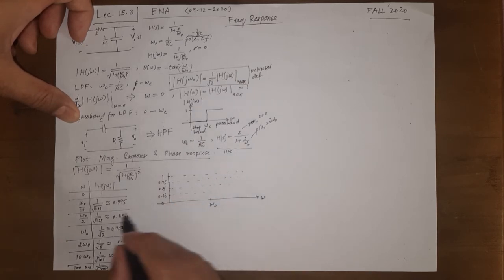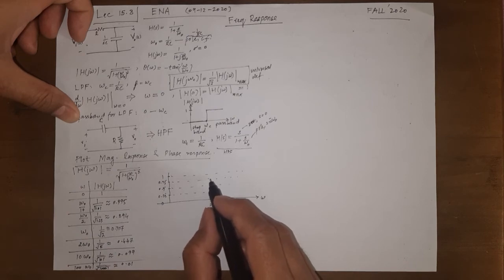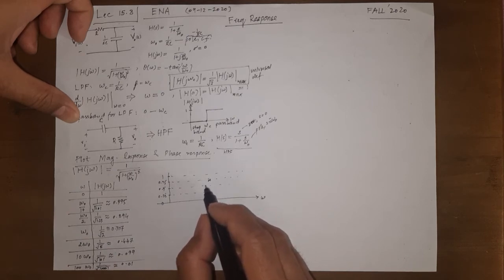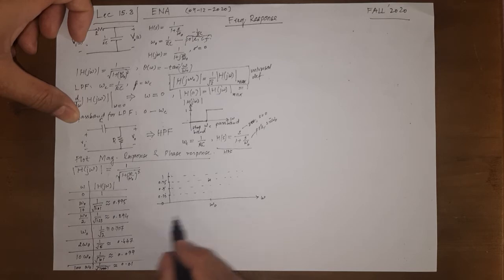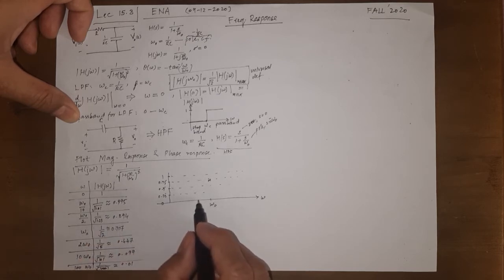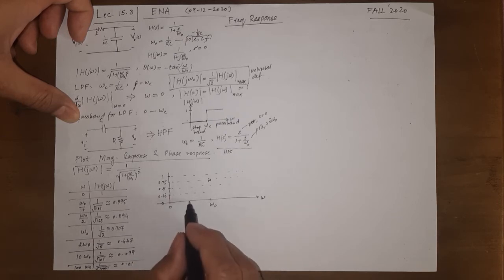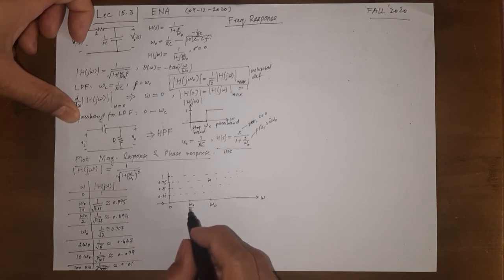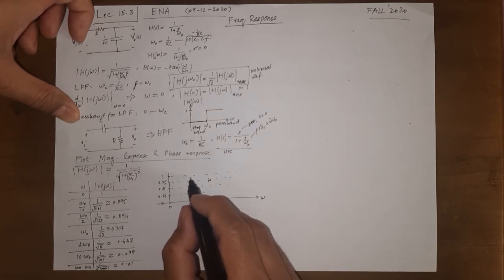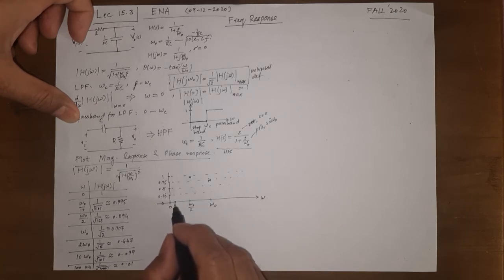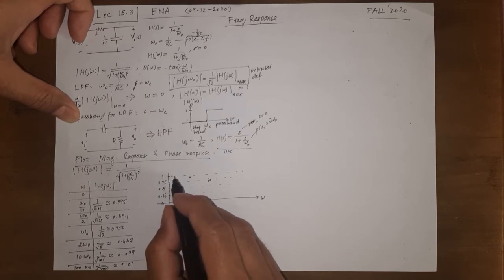At omega naught we had 0.707, so something less than 1. If this is at omega equal to 0, then this would be omega naught by 2, where we are going to have something like 0.9 here. And what about omega naught by 10? We would have something close to 1.